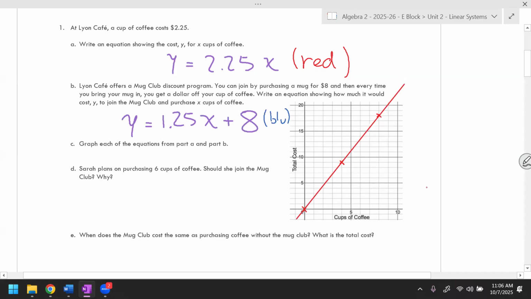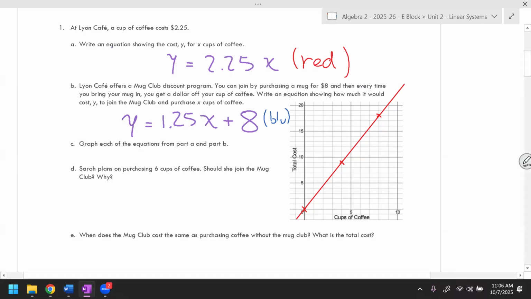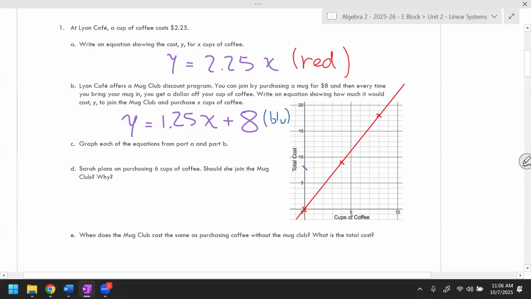Okay. For the blue equation, what's the y-intercept there? It's 0, 8. Thank you. So it's going to be right here, 0, 8. There it is. And then the slope this time is 1.25, which is 5/4. So I'm just going to go up 5 over 4. So it looks like maybe 4 cups of coffee would cost 13.